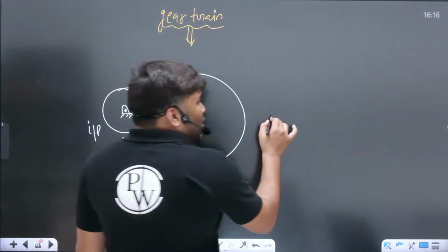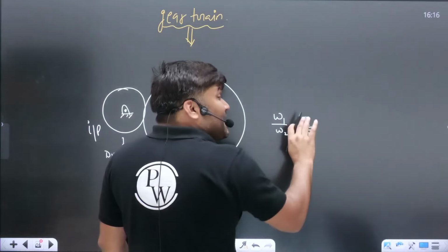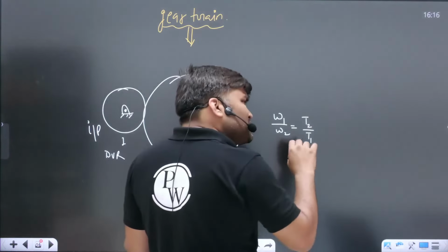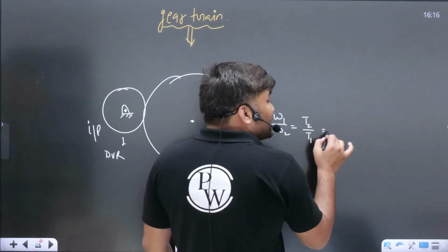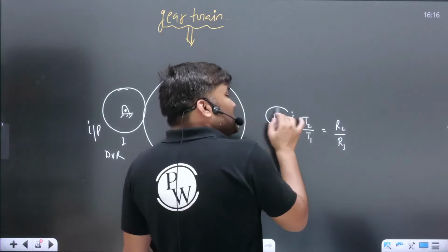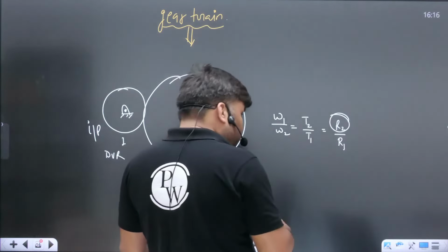Clear, right? So omega 1 by omega 2, everybody knows, is the reciprocal of the teeth ratio, T2 by T1. And in the same ratio as you have the teeth ratio, you are going to have the radius ratio. So you get one idea here: sir, the ratio of velocities is the reciprocal of the radius ratio.